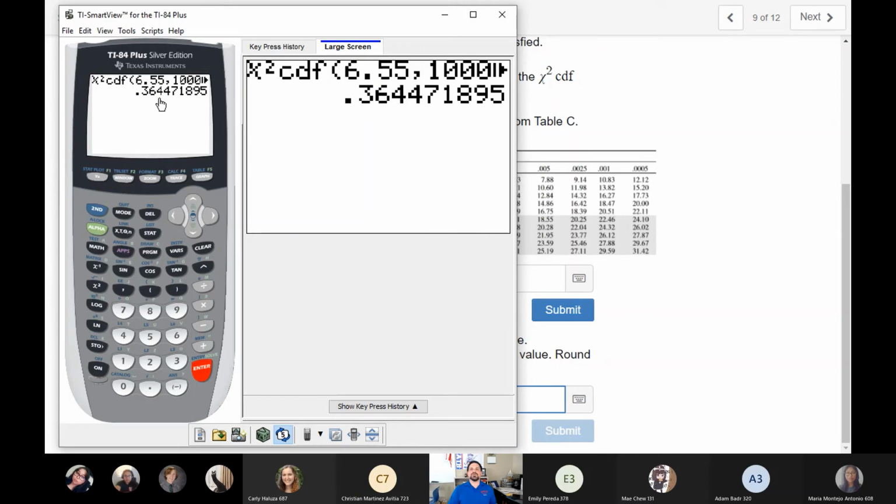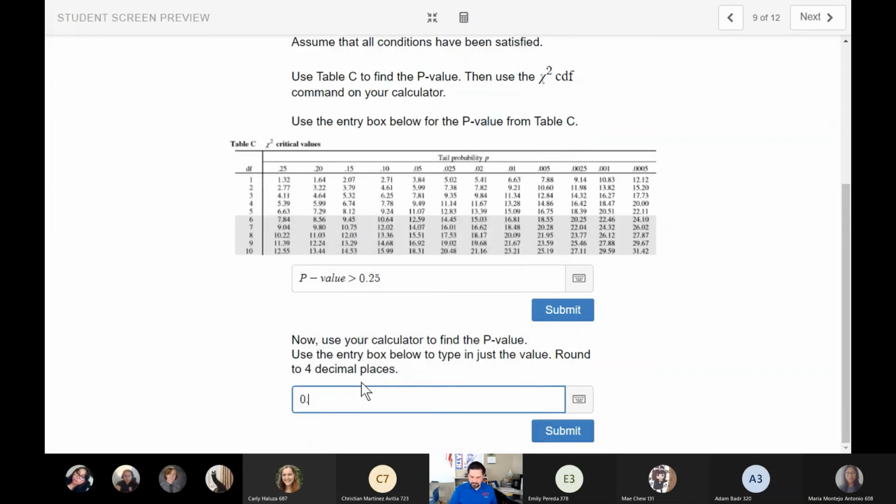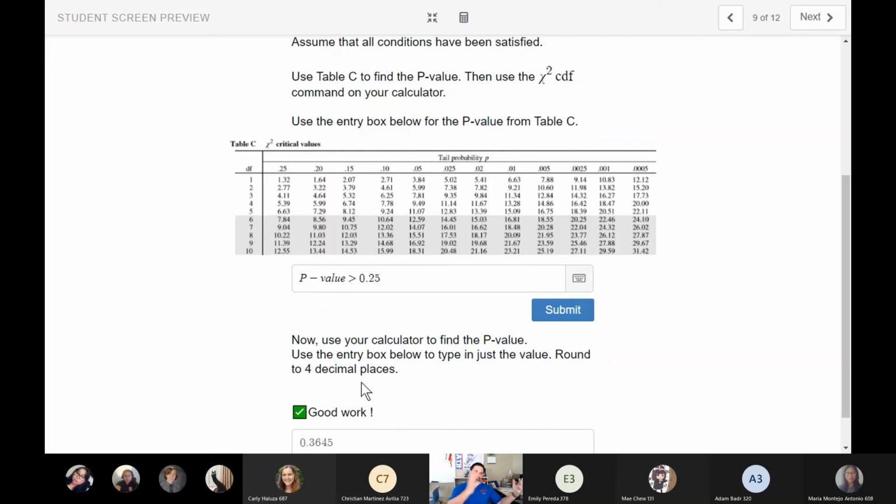And we get 0.3644, and so on. We can round this to 0.3645. If you use the p-value from the other result, I believe it's slightly bigger or smaller, I'd have to look again.